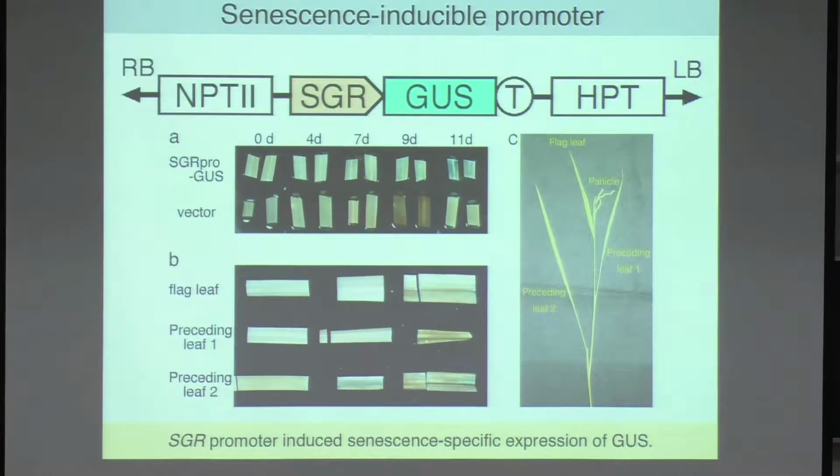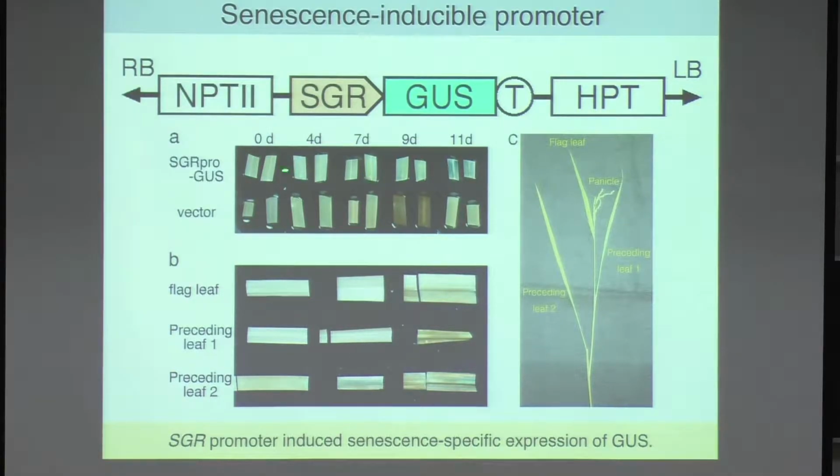First, we checked the promoter activity. We generated plants with the SGR promoter and the GUS reporter gene. The reporter gene is activated by this promoter upon senescence. This is artificial senescence, where a drug treatment induced the senescence.